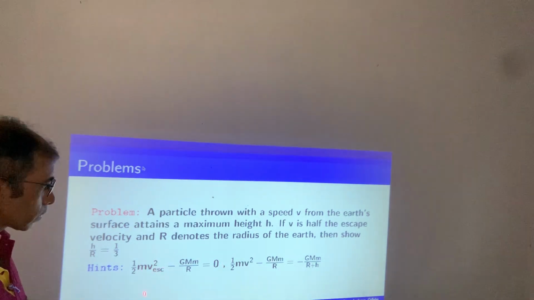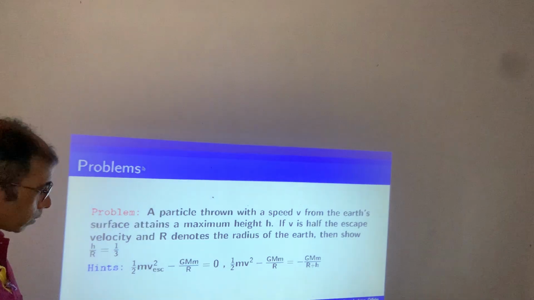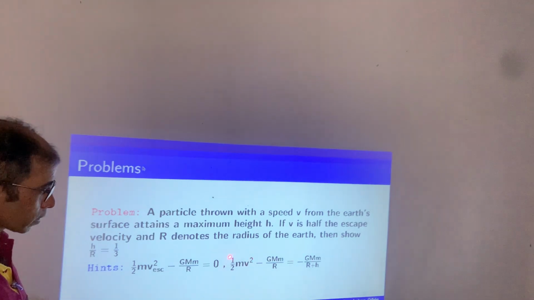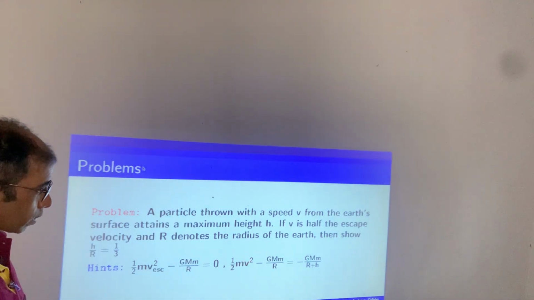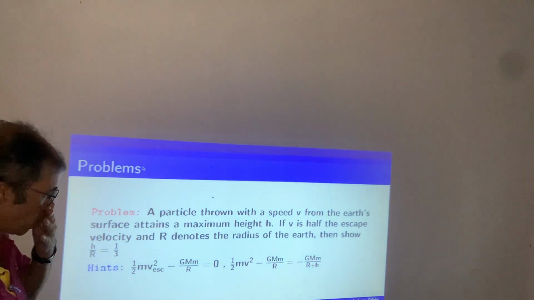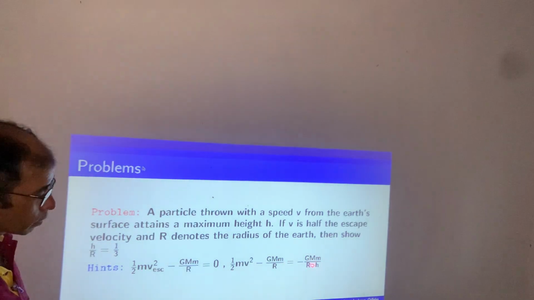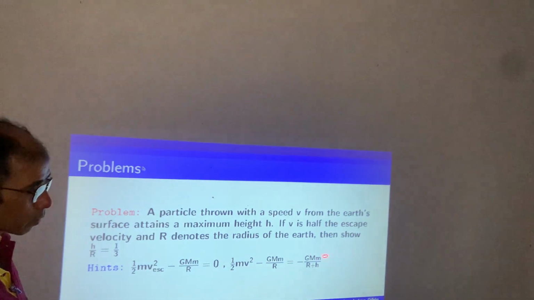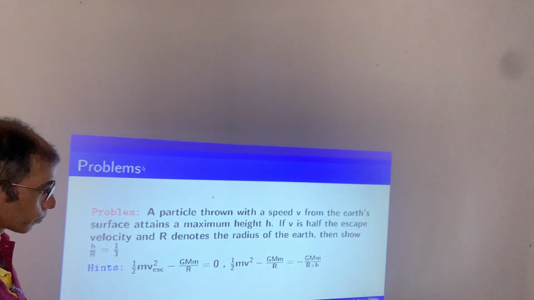So find out escape velocity from here, and what we know in this problem is that the energy of the particle is half mv square, where v is half the escape velocity, plus potential energy. This is the potential energy just at the surface of the Earth, and at a height h above the surface, this will be the potential energy, because its velocity is 0 there.